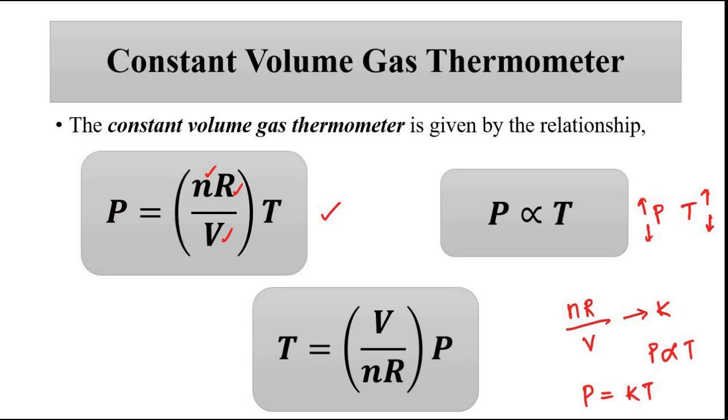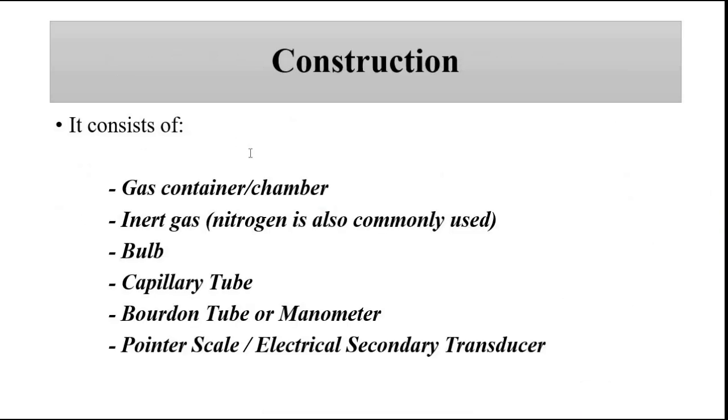The general setup, the construction of a constant volume gas thermometer, is something like this. We have the gas container chamber where the gas is used, some kind of inert gas or nitrogen is also commonly used. We have a bulb, a capillary tube, and a pressure measuring device. It can be a Bourdon tube, it can be a manometer or any other pressure sensor.